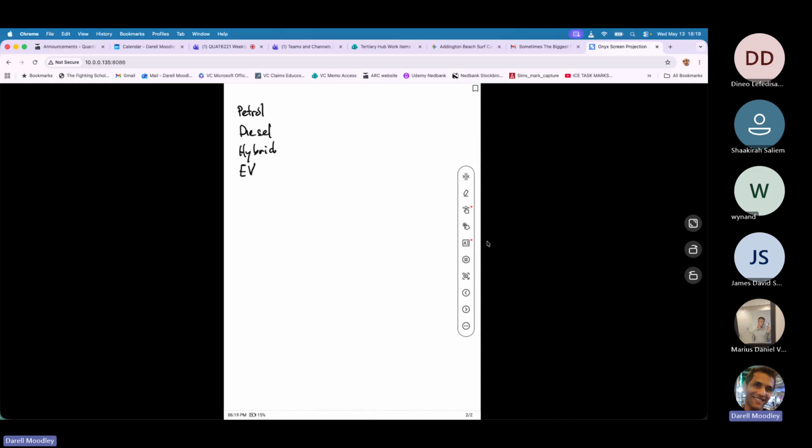Now, when you had this dealership 5 years ago, this was the distribution. I'm going to write P for petrol, D for diesel, H for hybrid, and E for electric. If I do a bar chart, let's say this is what it was for petrol.